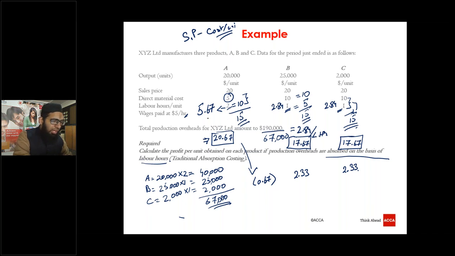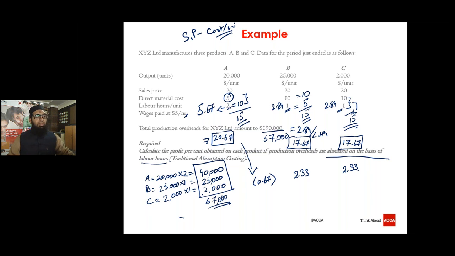Now, we have to absorb overheads. So for this, we have calculated the total labor hours so that we can calculate the OAR. And the OAR was 2.84. Now, when I charge this OAR to the product, because product A required 2 hours, I have multiplied 2.84 with 2. And the answer is 5.67.